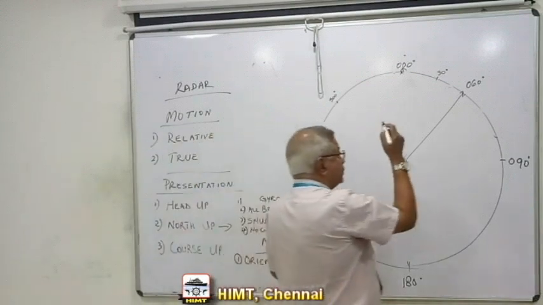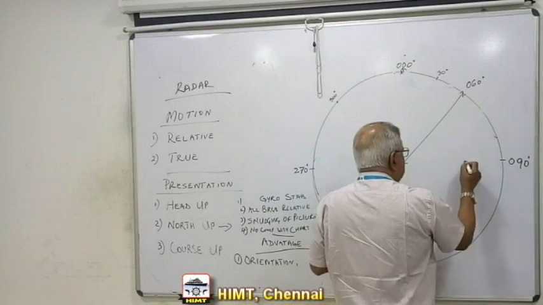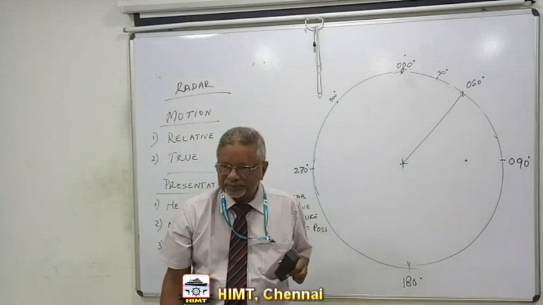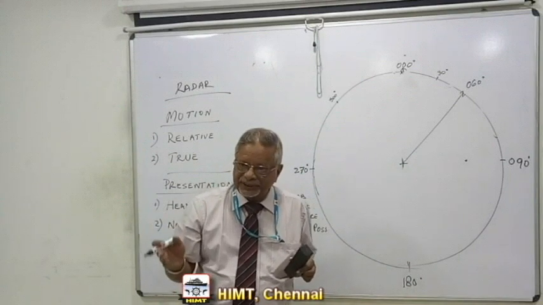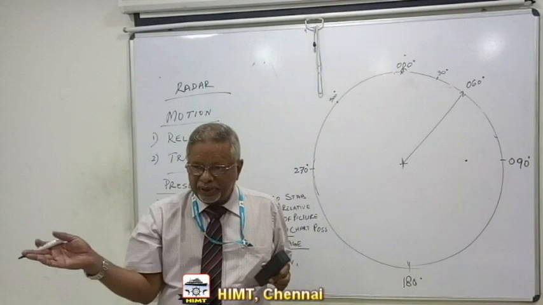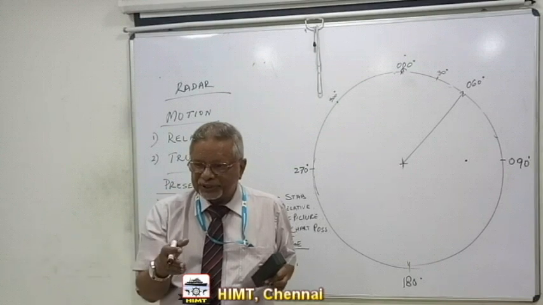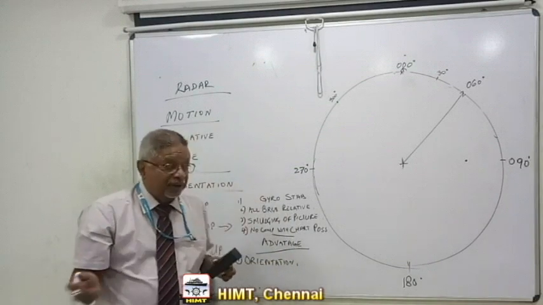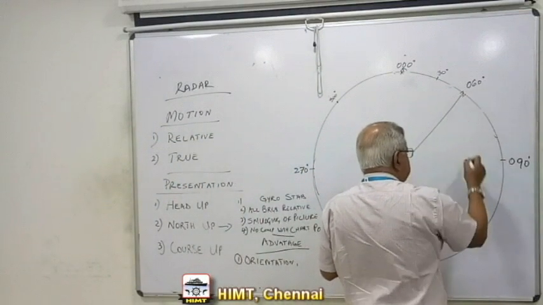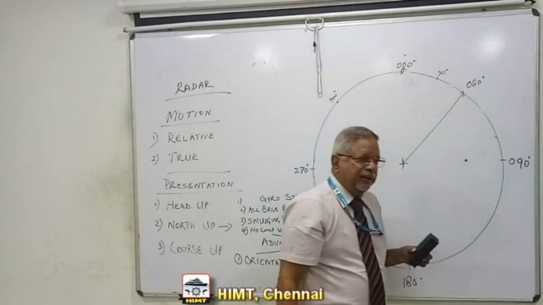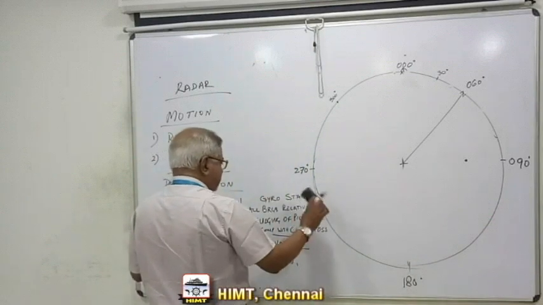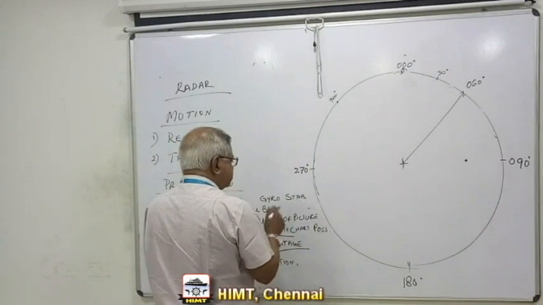The ship which was 30 degrees on my starboard bow will be shown on its true bearing. Earlier I was steering 060, I had that ship at 30 degrees on the starboard bow, so the true bearing was 30 plus your 60-degree heading, which is 090. Now your ship is steering 060, the target is 30 degrees on your bow, and it is on the true bearing 090. So all bearings are true.